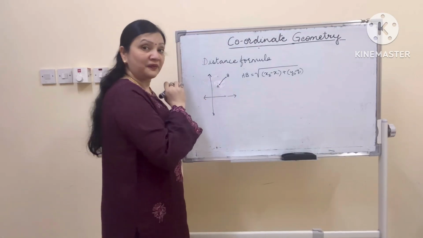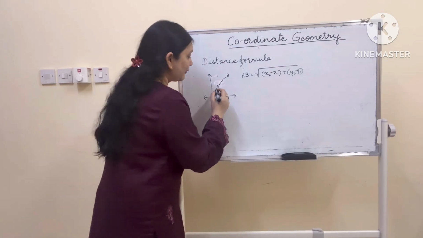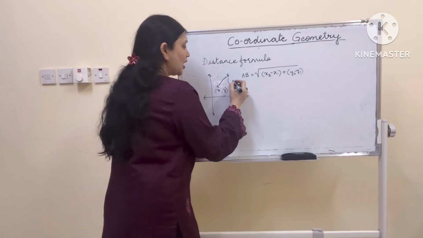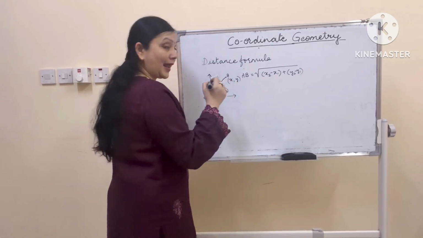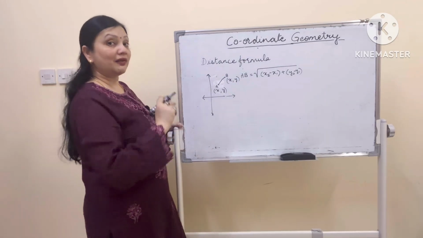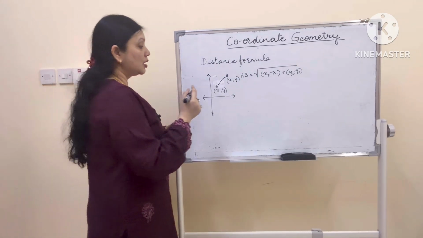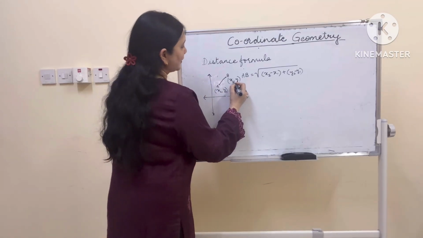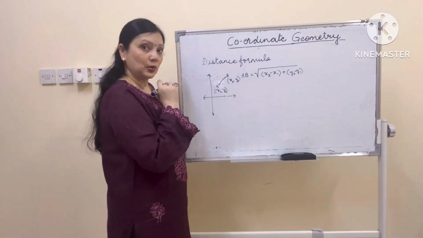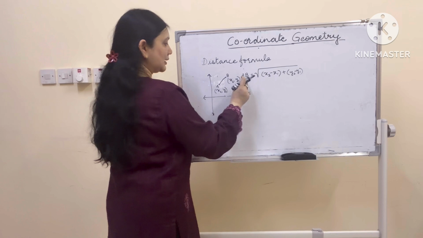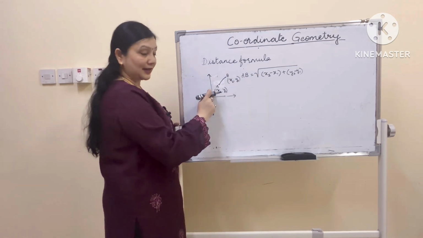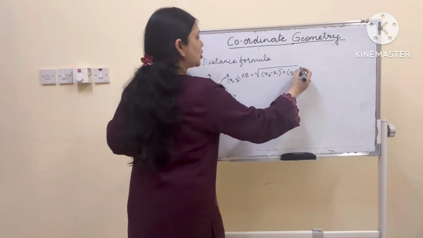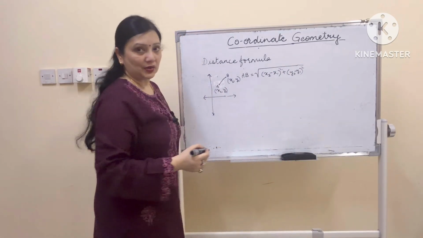The coordinate of A: if we are plotting A, there will be an x coordinate and a y coordinate. Same way for B also, there will be one x and one y. Now if we write x for both, how will we find out? So the first one will be x1, y1 and the second one let us write x2, y2. So the formula says the distance will be under root of x2 minus x1 whole square plus y2 minus y1 whole square.